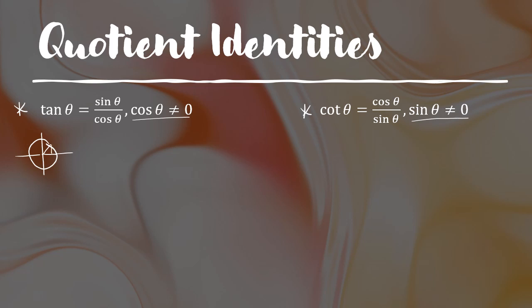Okay, so of course any point on the unit circle has an x and a y coordinate. We talked about just before that the x coordinate is our cosine of theta, whereas the y coordinate is our sine of theta. We also, in the last chapter, talked about, well, if we're looking at an angle on the unit circle, how do we determine the tangent value?